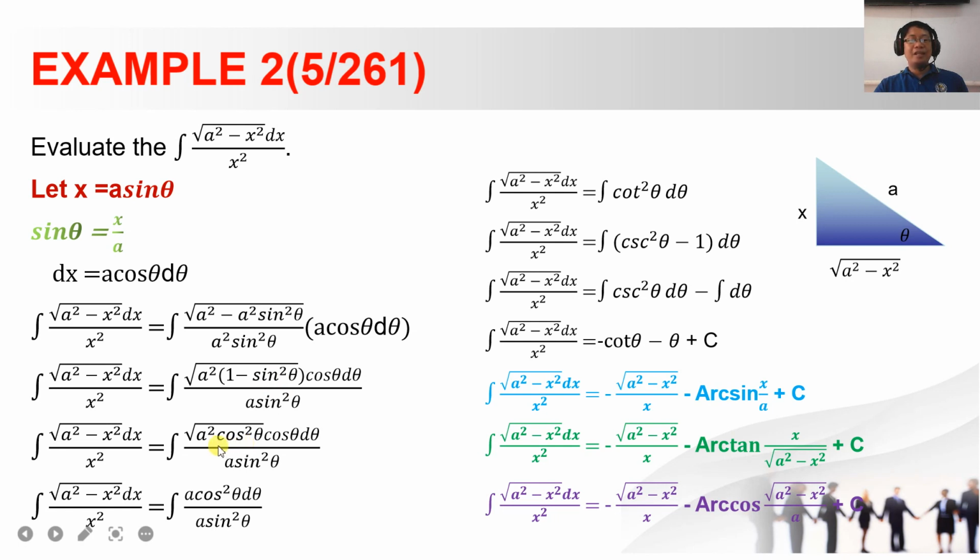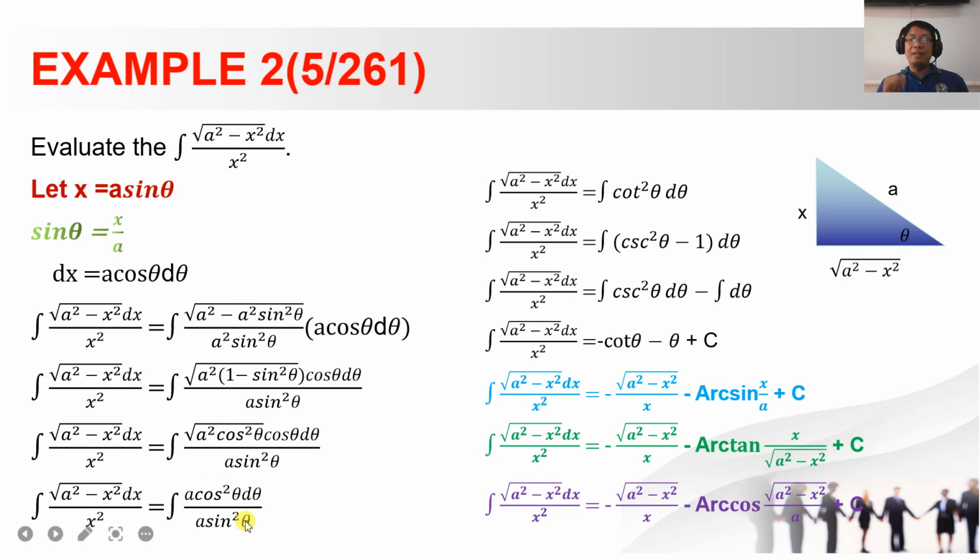And we can take the square root of a squared cosine squared theta kasi perfect square. So, ang magiging square root niyan is just a cosine theta, at meron kang naka-times na cosine theta, so magiging cosine squared theta d theta over a sine squared theta. Yung a is makakancel, so magkakaroon na lang tayo ng cosine squared theta over sine squared theta.